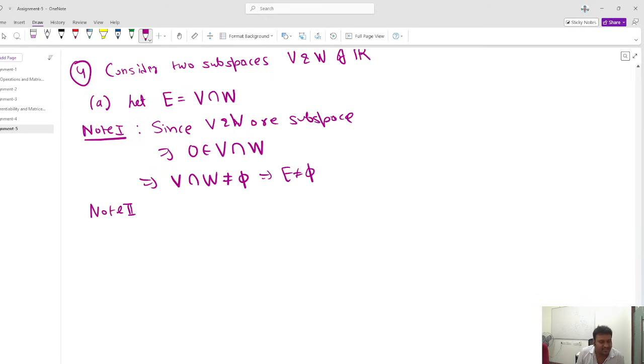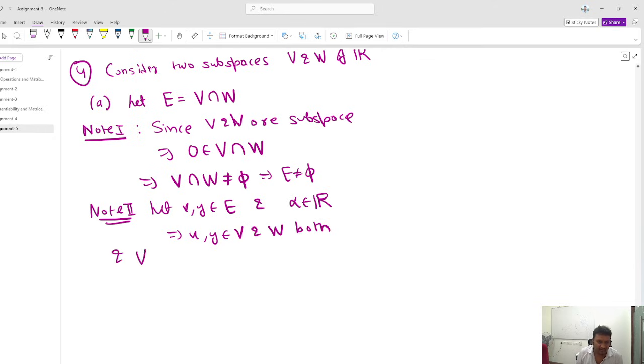Now, note 2. Let us verify the other two properties. So let x, y belong to E and alpha belong to F. Oh, sorry, here I have real numbers. Now, this means, guys, x, y belong to V and W both, right? And V and W are subspaces.